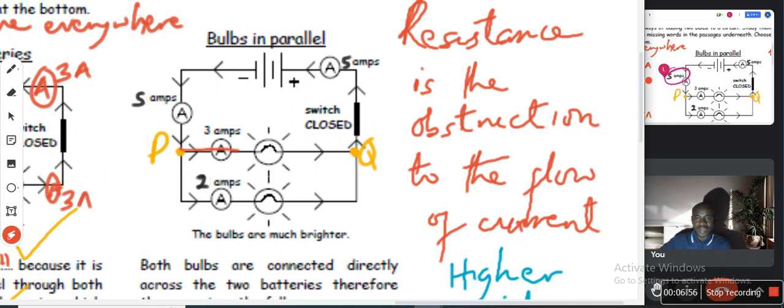So when you add up all the current flowing out of the junction, what will it give you? Wait, I mean, including the 2. This one 3 amps, this one 2 amps, these two of them will give you how many amps? 5. So total current flowing into a junction is equal to the total current flowing out of the junction, isn't it? It's equal to.